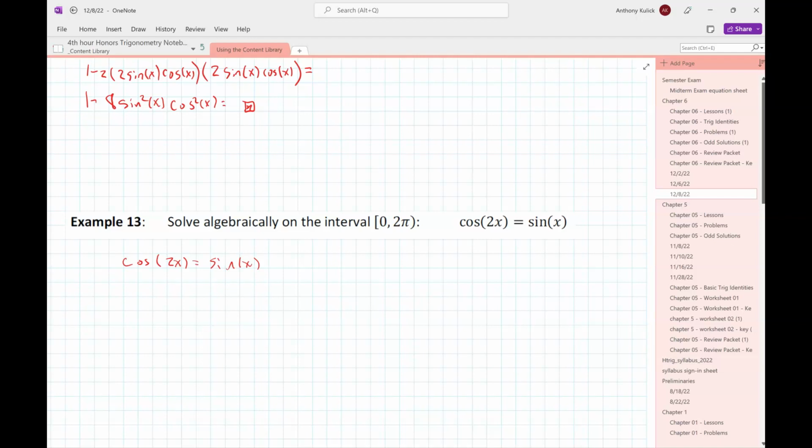So the obvious thing to do would be to rewrite cosine 2x as something with just a regular x in it. So I would use a double angle. Again, cosine has 3 options. Since the other side is only a sine, I want to pick the option for cosine 2x that has only sine x's in it, namely 1 minus 2 sine squared x.